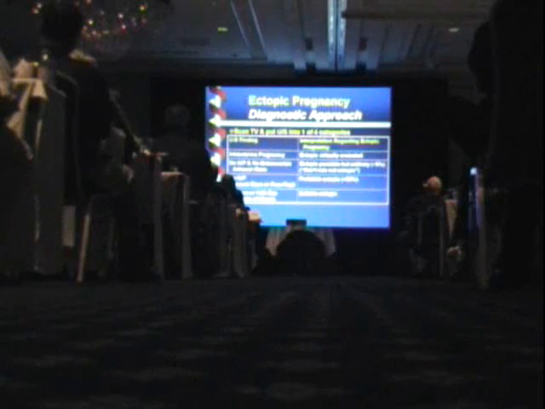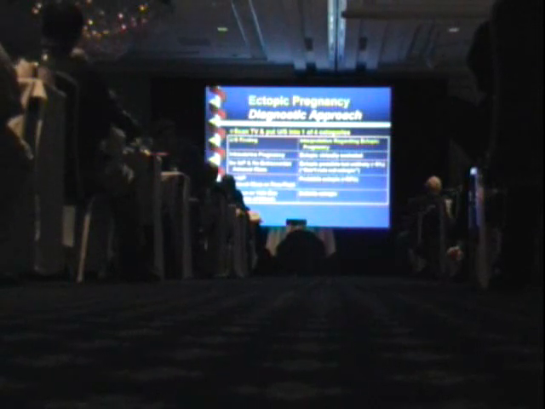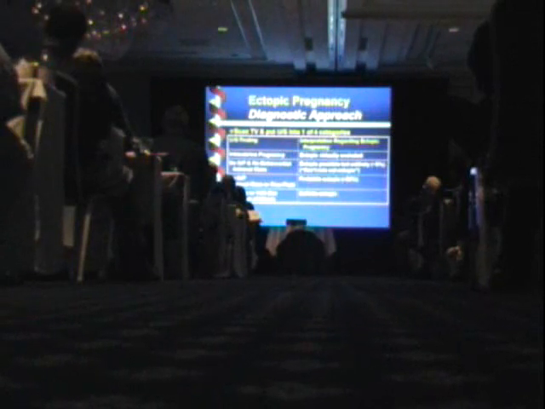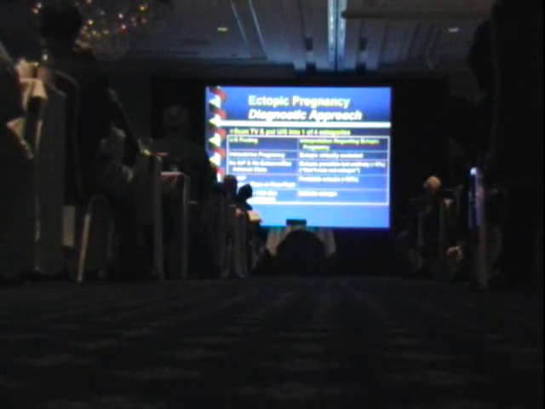So the overall diagnostic approach to ectopic pregnancy is to scan transvaginally and put the ultrasound into one of four categories. You either see an intrauterine pregnancy, in which case an ectopic is virtually excluded. Certainly you want to look for it, but unless you actually see an embryo out there, you can be confident that if you see an intrauterine pregnancy you've excluded an ectopic, especially in naturally conceived pregnancies.